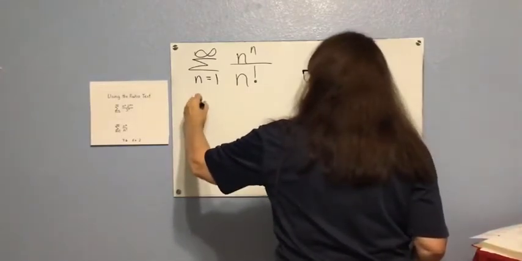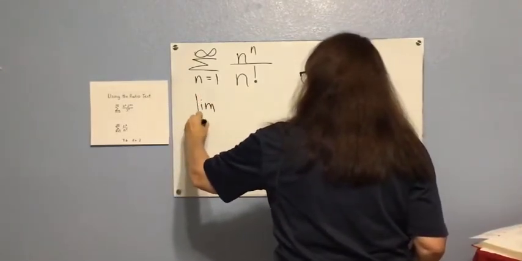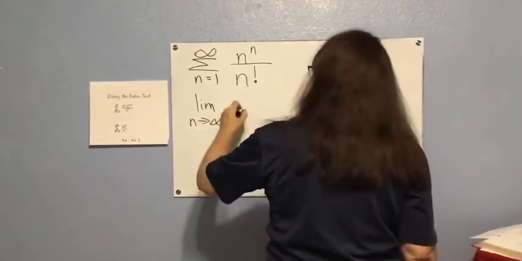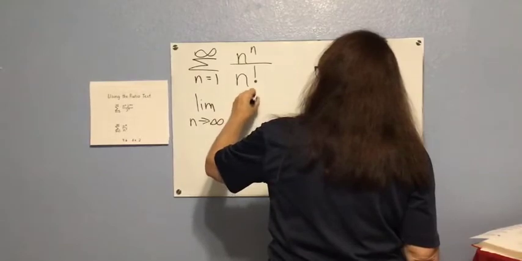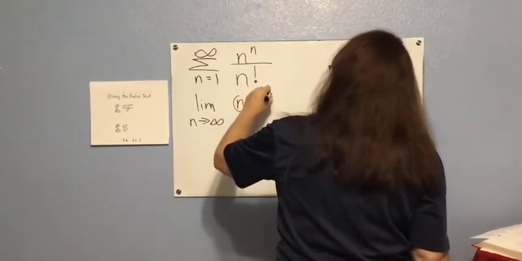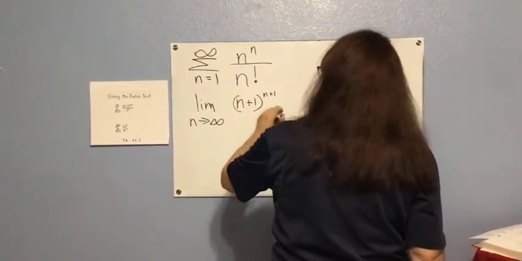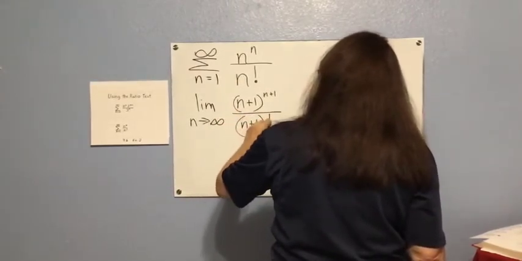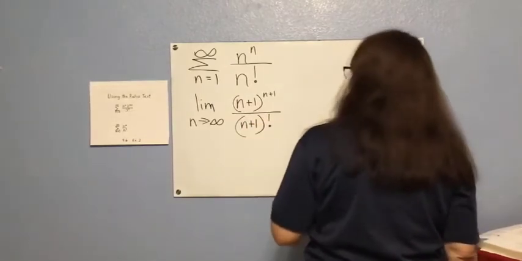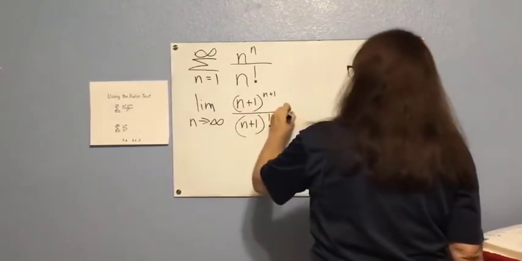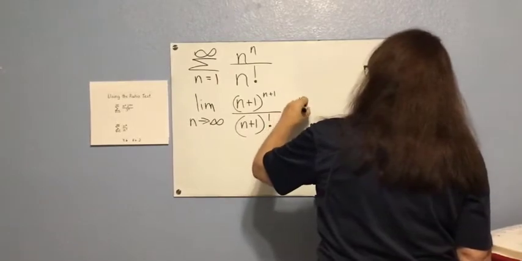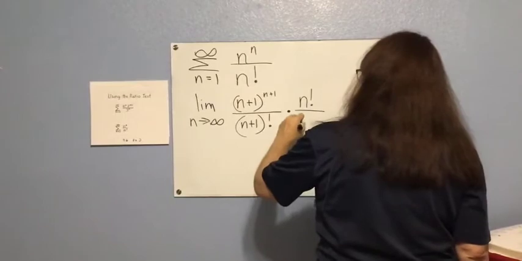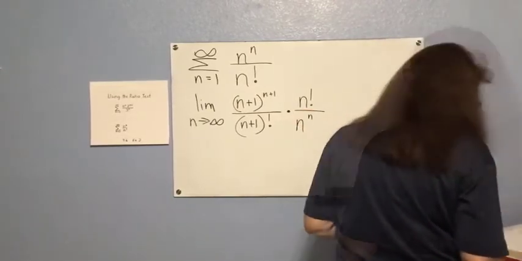Okay, when I write my limit, I'm going to have n plus 1 to the n plus 1 power divided by n plus 1 factorial, and then I'll flip that over and multiply. So I'm going to have n factorial over n to the n power.